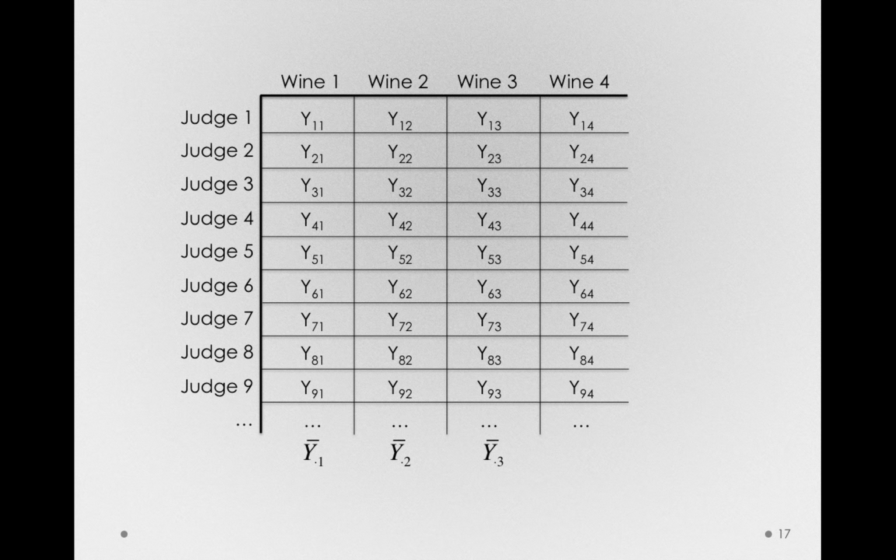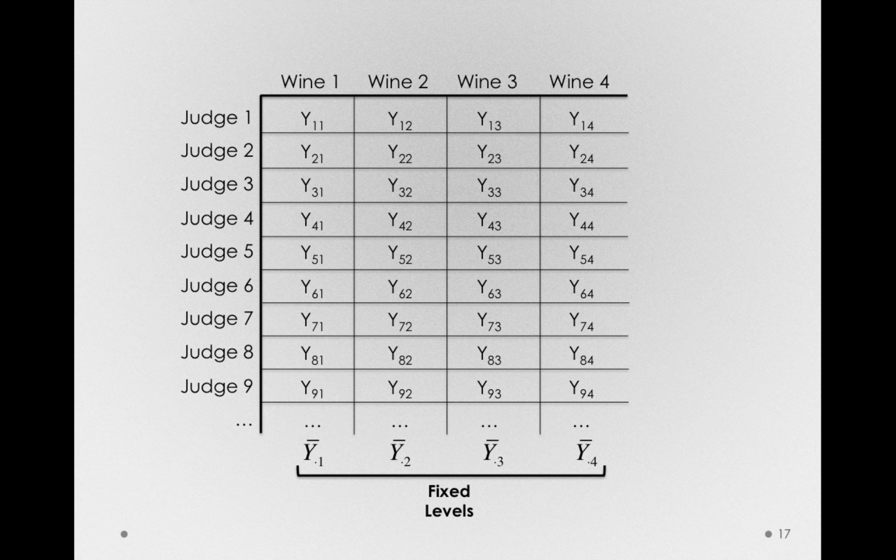And finally, for wine 4, averaging across all the different subjects, we'll have y bar dot 4. So these levels of wines, that is, these y bars, are our fixed levels. If we were to reproduce this study and we were to make new estimates of wine 1, 2, 3, and 4, we'd be in essence trying to estimate the same thing in the population with each of these levels.